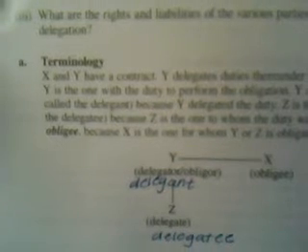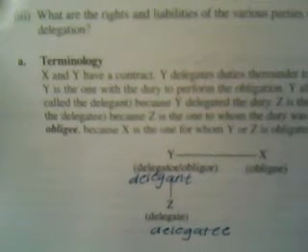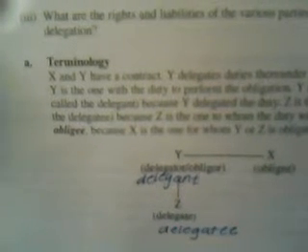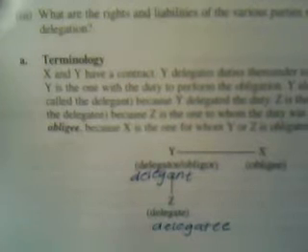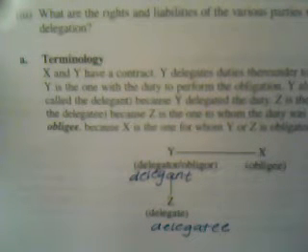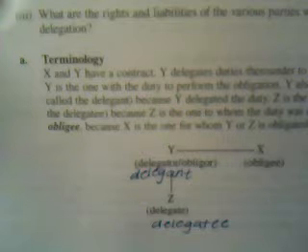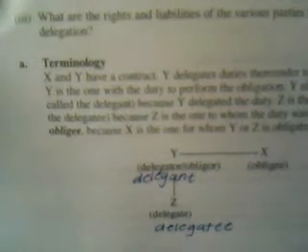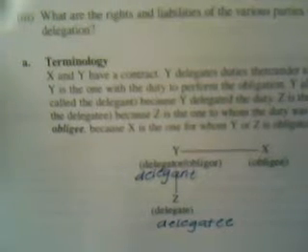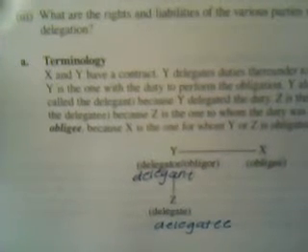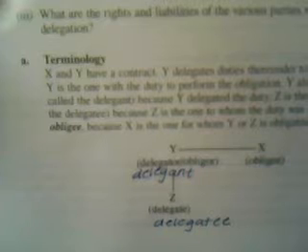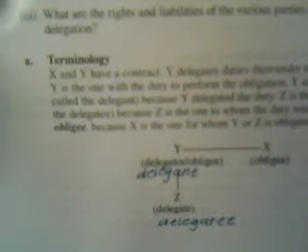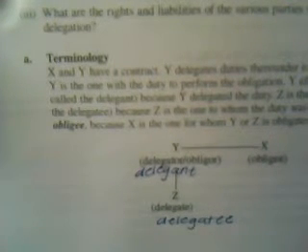Other exceptions, B, C, and D. B, special trust in the delegator; C, change of obligee's expectancy; and D, contractual restriction on delegation. So B, the special trust in the delegator. Where a special trust has been reposed in the delegator, he may not delegate his duties, for example, the relationship of attorney and client, physician and patient, etc. And C, change of obligee's expectancy.